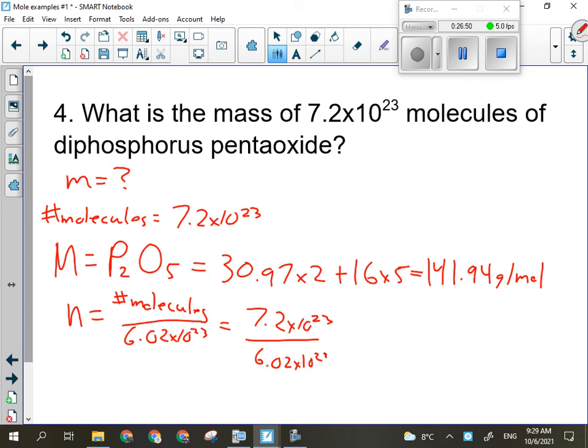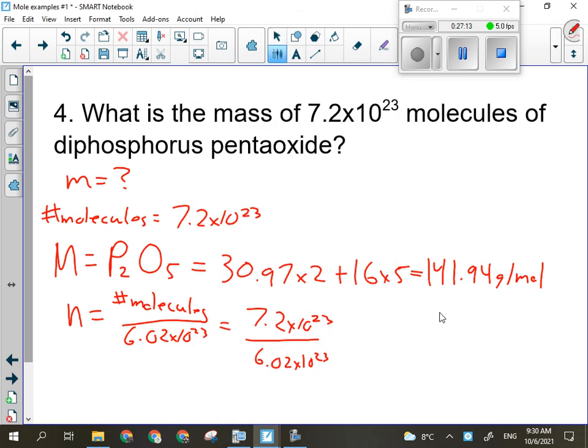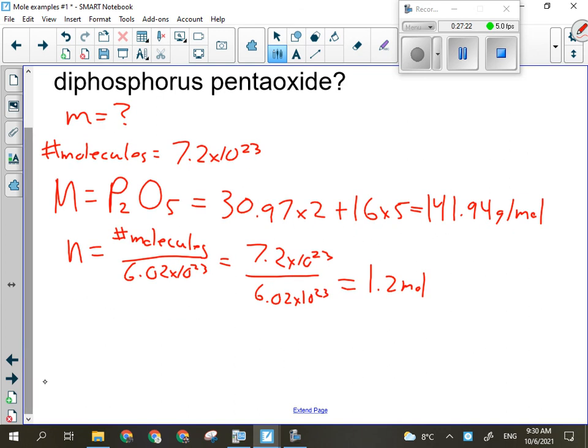And since the exponents are the same, you can just divide the bases. If you didn't do that, that's fine, you'll get the same answer. It's a shortcut on your calculator, so you don't have to put in the times 10. So divided by 6.02, our number of moles is 1.196, so 1.2 moles. Obviously, we're going to keep all the decimals there.